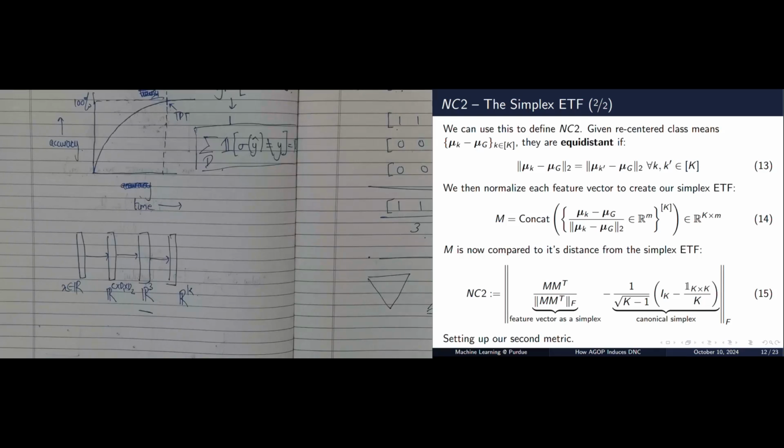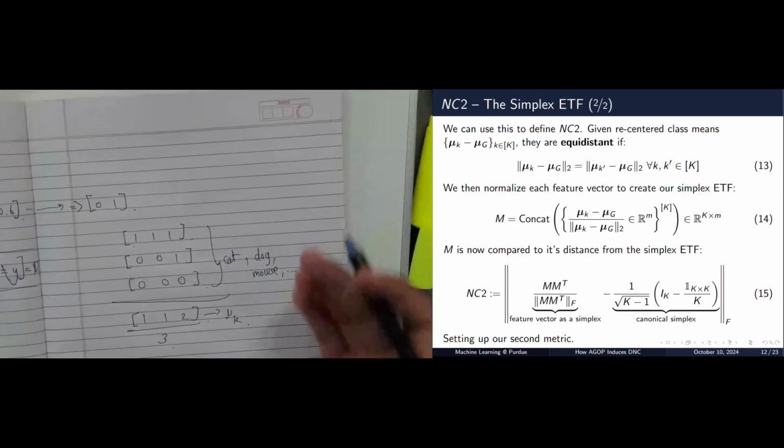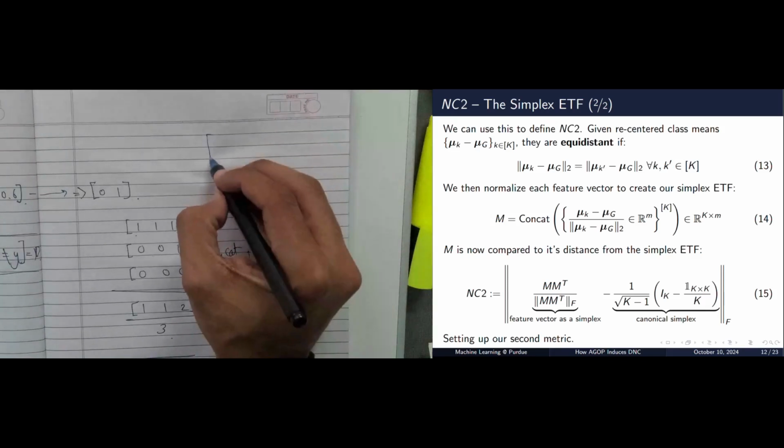So we have the concatenated feature space, which is one thing that we have obtained from our model output, and we have the definition of the simplex ETF. We basically just calculate the normed difference of this and say this is my NC2 metric. So the F subscript over here just means Frobenius norm. I think mathematicians like to make simple things complicated.